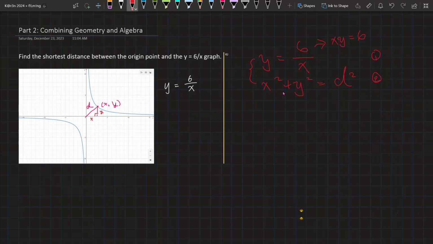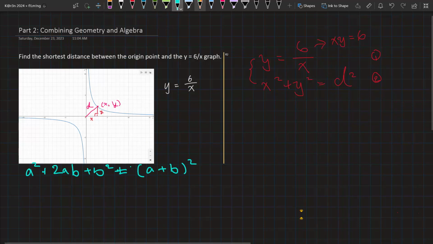Seeing two squares reminds me of the power formula, which is a squared plus 2ab plus b squared is equal to the square of the sum of a and b. Now let's try to see if we can apply this formula anywhere.